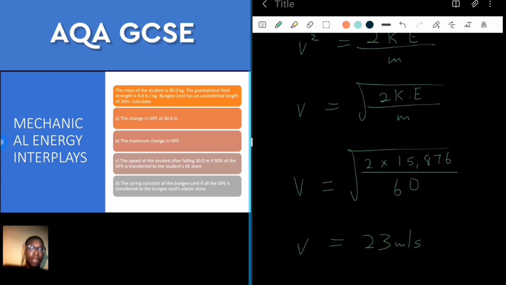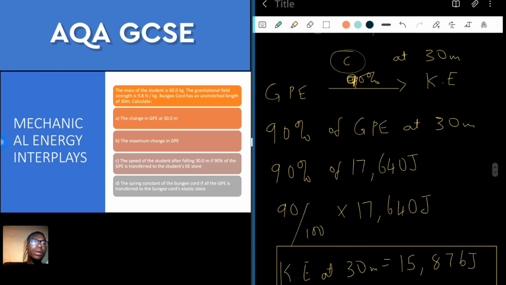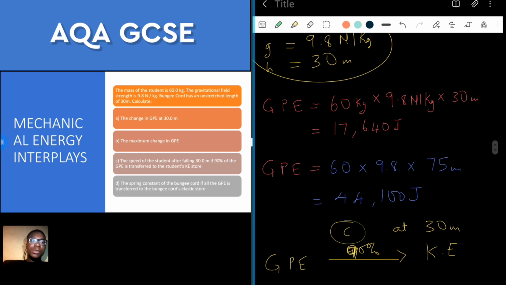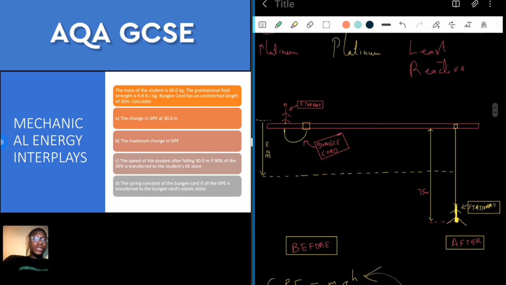And the last part of the question says the spring constant of the bungee cord, if all the GPE is transferred to the bungee cord's elastic store. We're answering question D now.